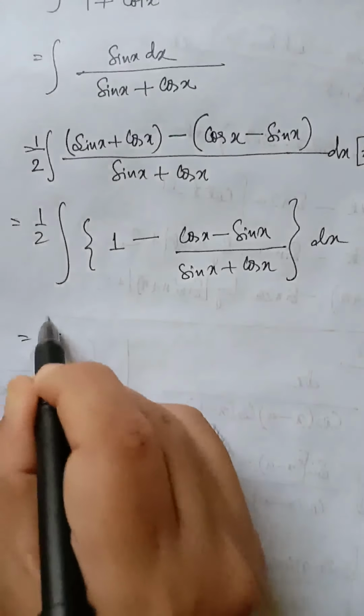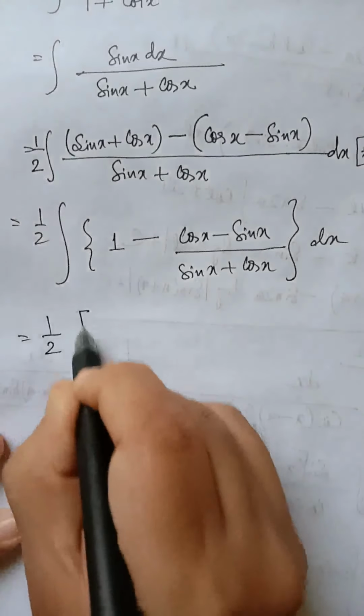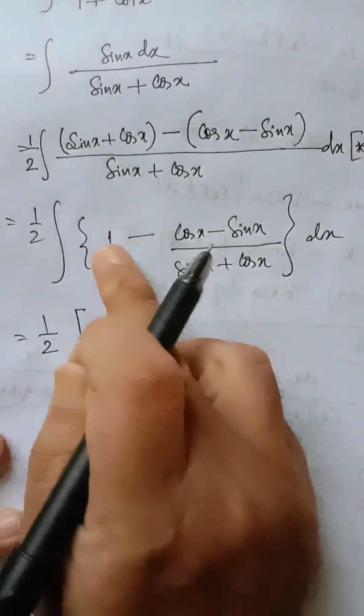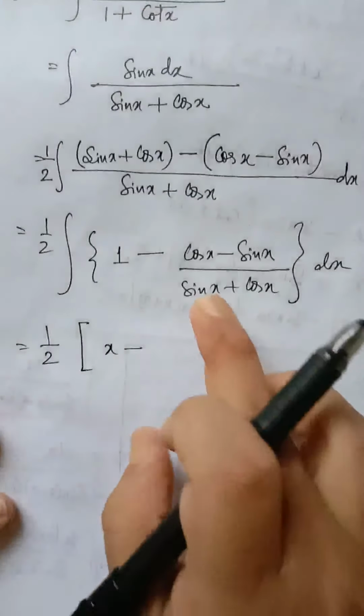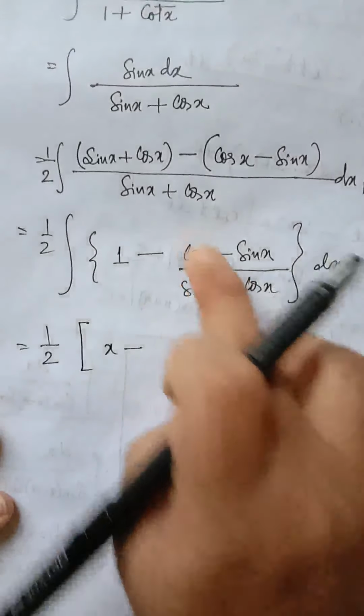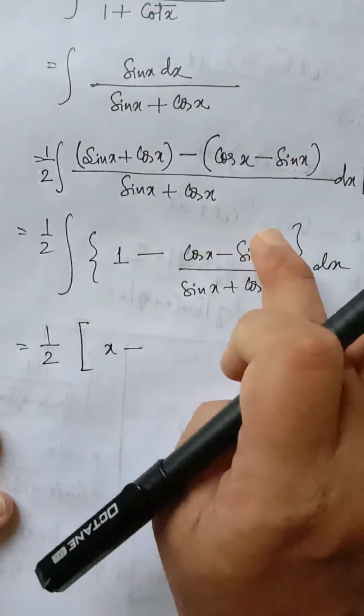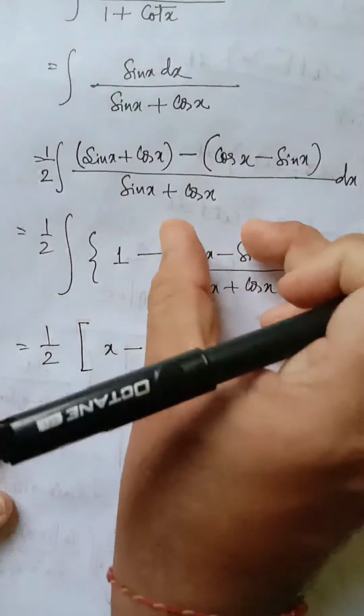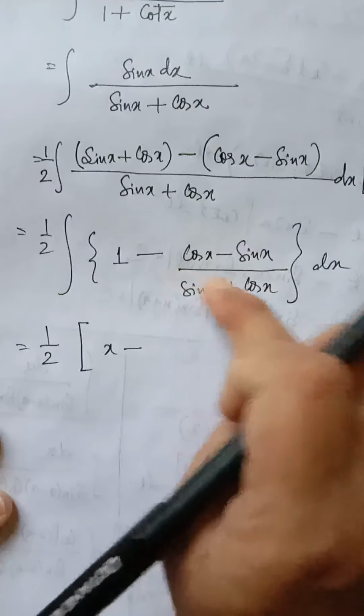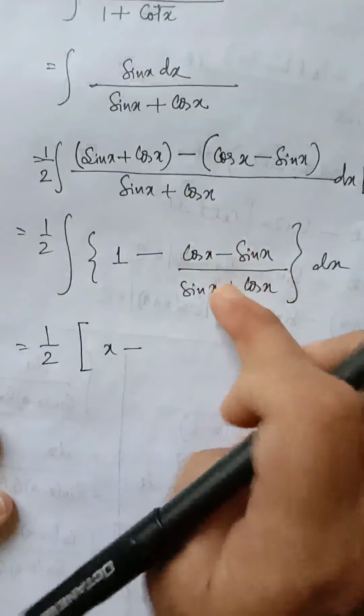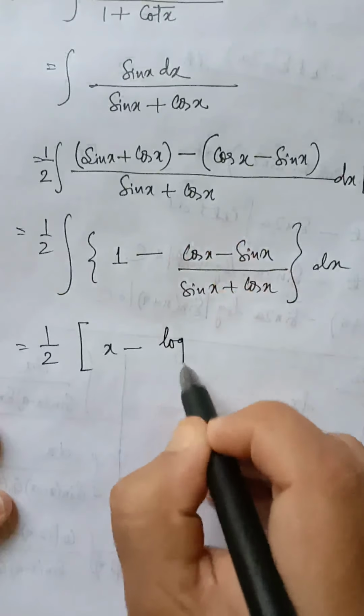Now half integration of 1 is x, minus, now you can say the derivative of sin x is cos x and the derivative of cos x is minus sin x. This integral is of the form f dash x by f x. This is our f x and this is the derivative, f dash x by f x. So the answer is log of f x.